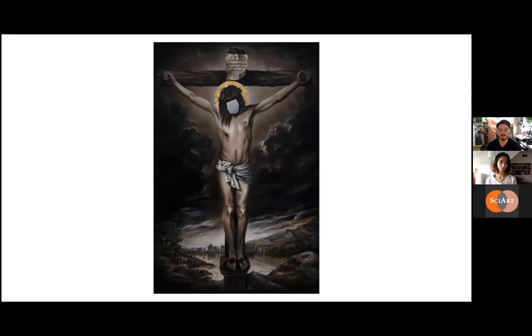And instead of rendering the faces, I wanted to literally cut a hole right into the canvas and put a mirror in it. Wow. Which is kind of bringing back the use of the mirror from that original series. So when the viewer is in front of it, the faces of the holy are replaced by the viewer.